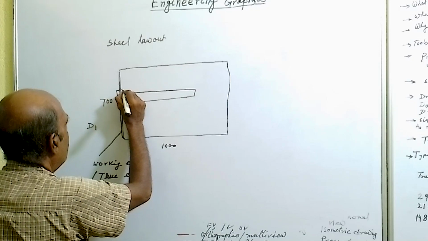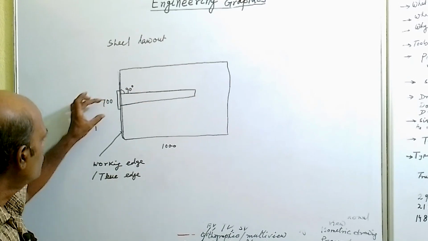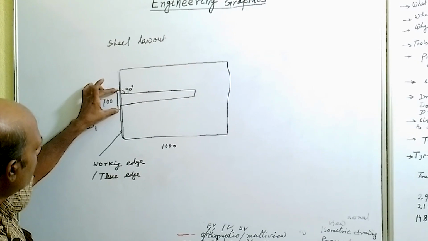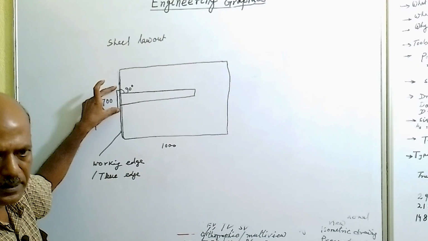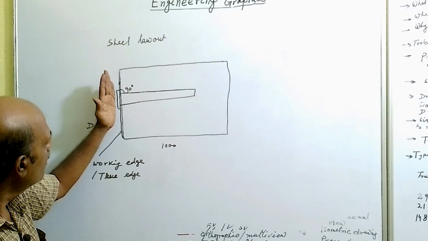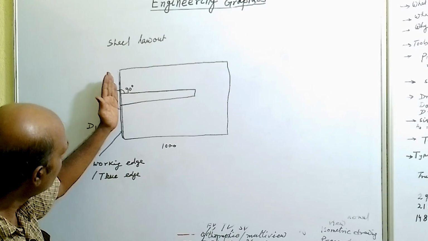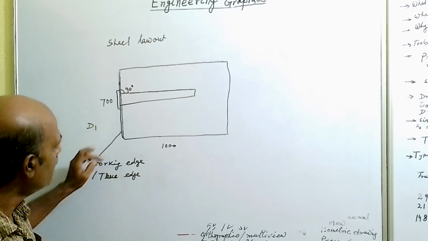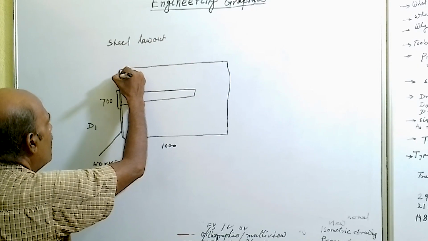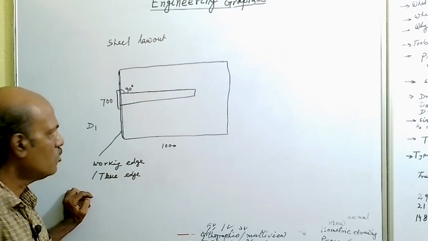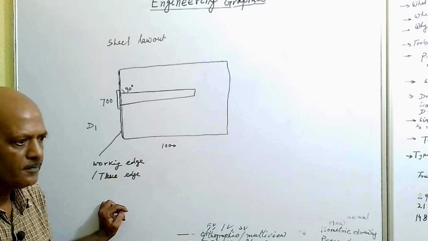So this angle will be exactly 90 degree. This is the head of T square and the blade of T square. The head of T square will perfectly touch the working edge, which is made of hardwood, so the angle produced is 90 degree.